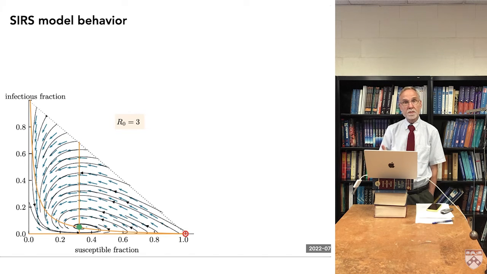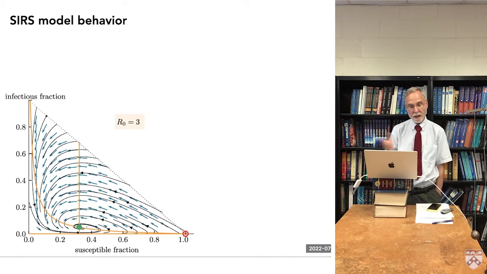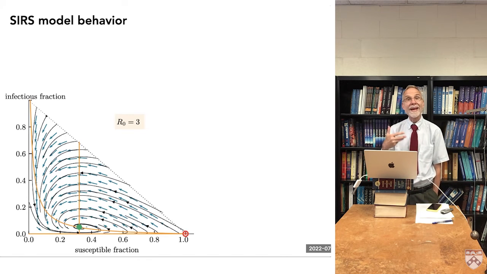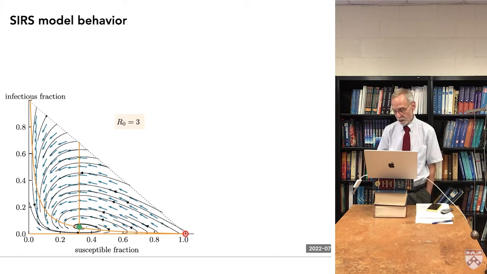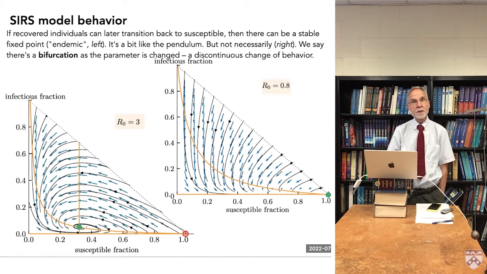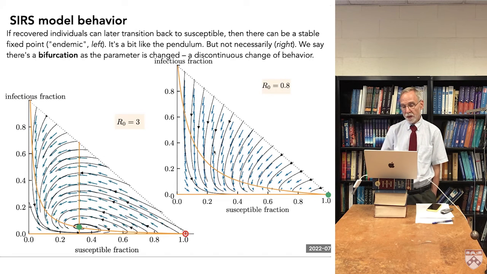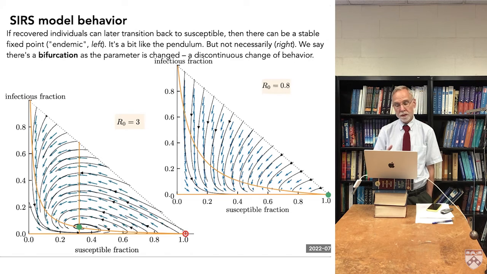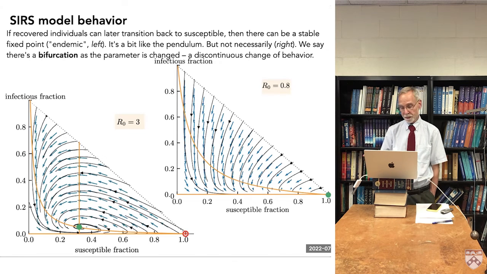People keep recovering and becoming susceptible again and getting it all over again. This outbreak is never completely over. It's called endemic behavior. But if you can do something to reduce the basic reproduction number, you can almost eliminate that. You can get all those arrows to curve back to the starting point, and if R0 is smaller than 1, you can eventually eliminate this whole illness.